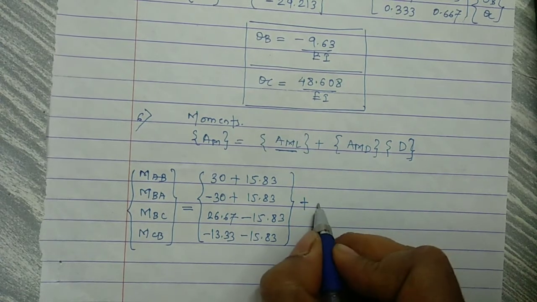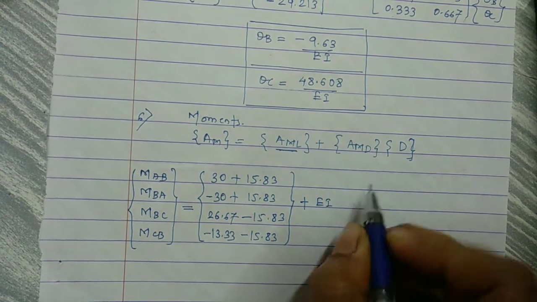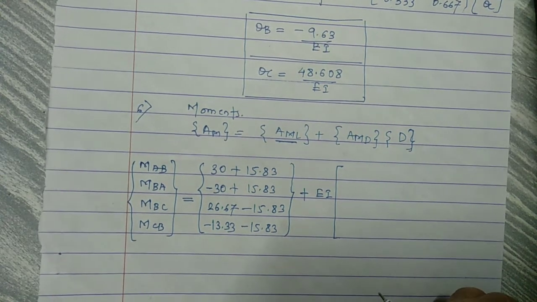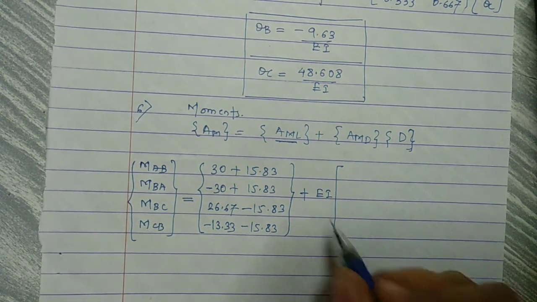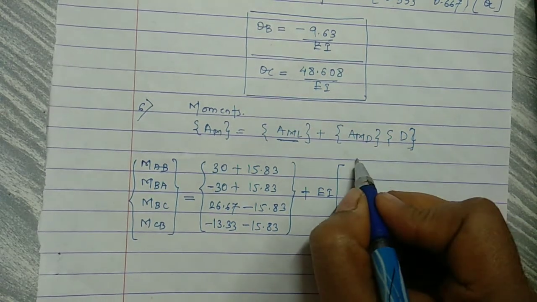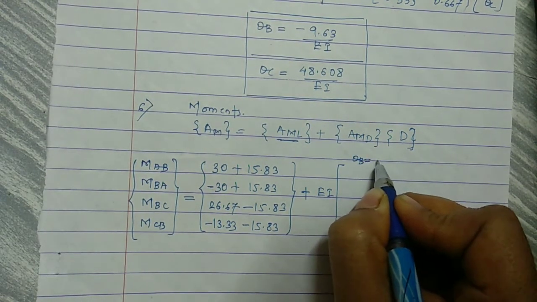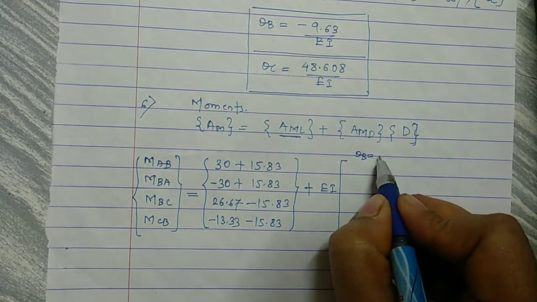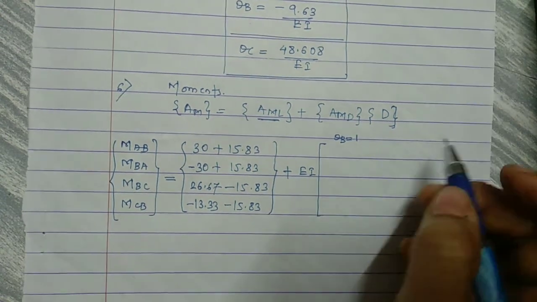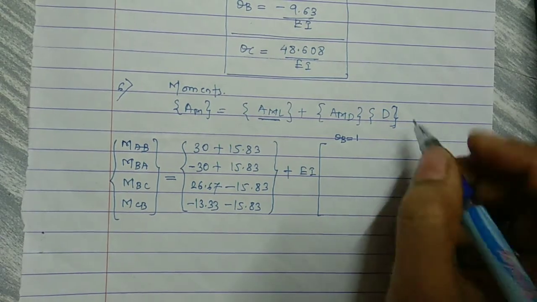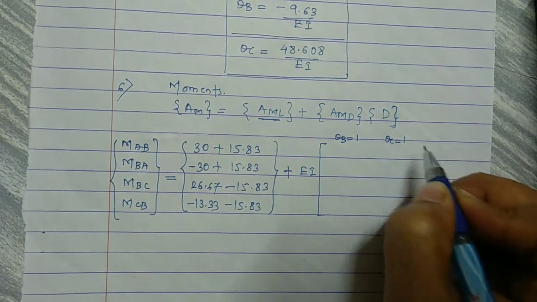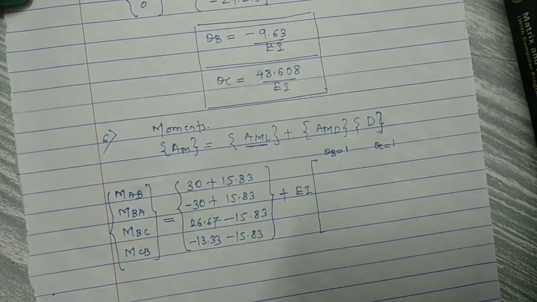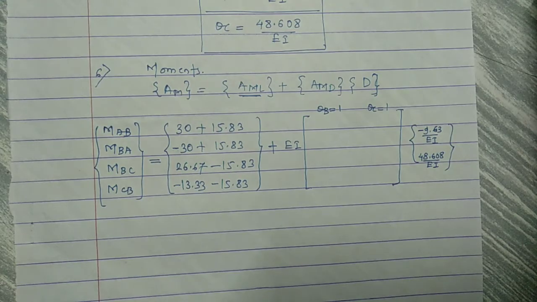So here in this AMD matrix, taking EI outside the matrix because we have taken all element stiffnesses in terms of EI. So here there will be two columns. The first one, you have to write values of these AB, BA, BC, CB moments from this figure when theta B equal to 1, and the values of the same moments when theta C equal to 1. Let us write this AMD matrix.